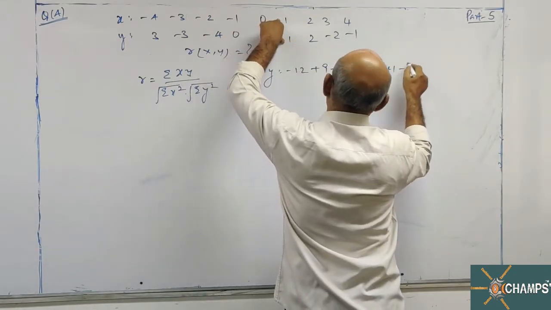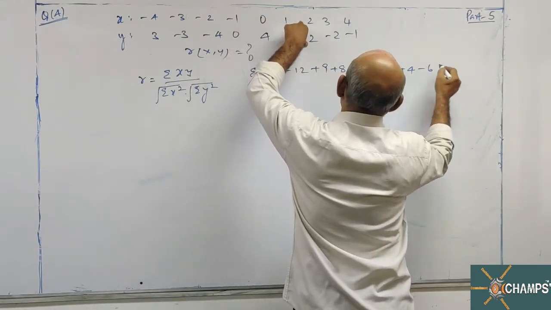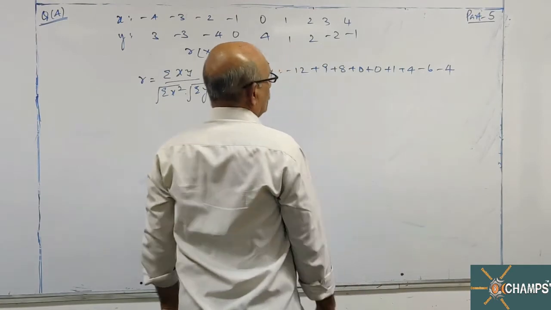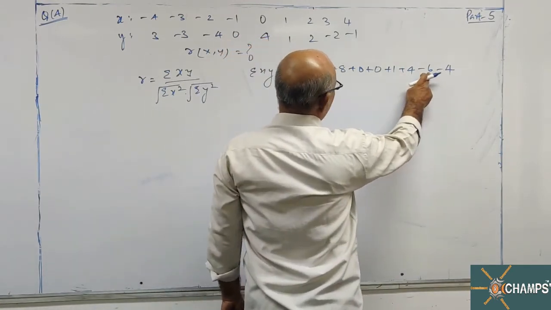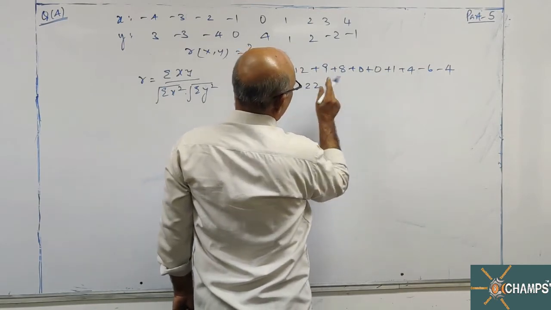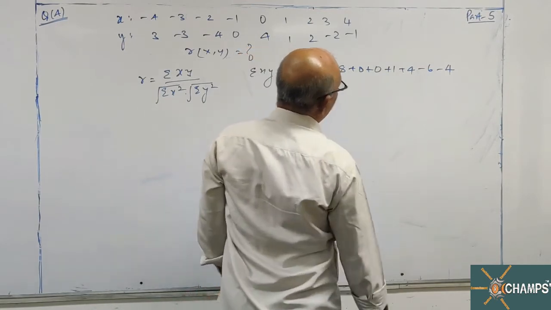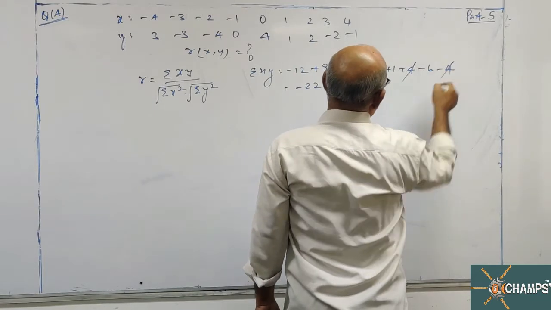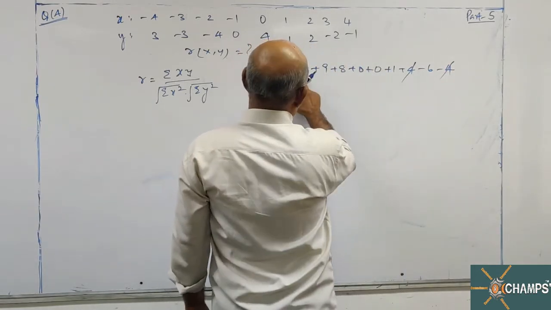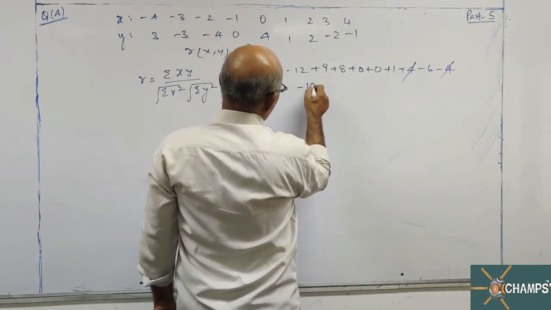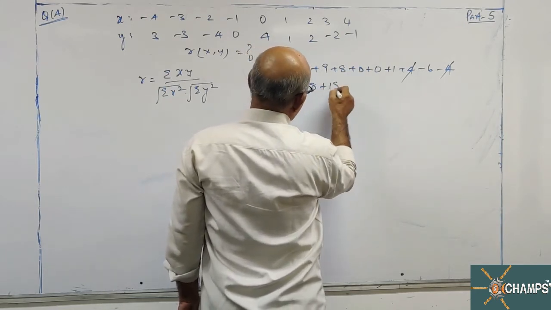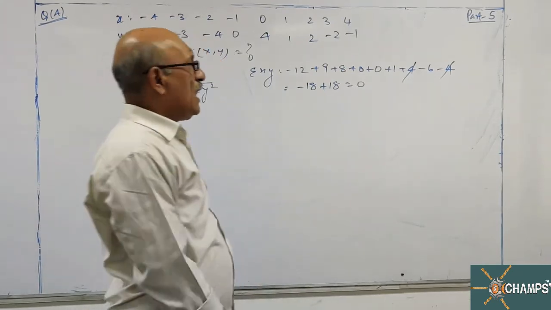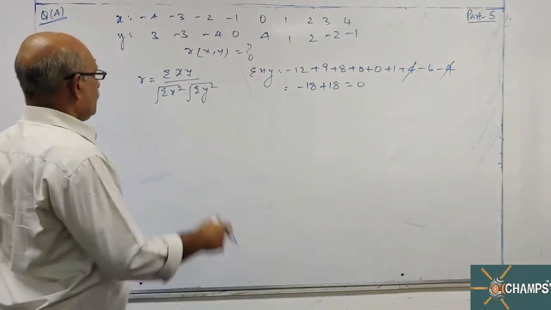This is 1, this is 4, -6, -1. So -12, -6 is -18, plus 9 plus 8 is 17, plus 1 is 18. Wait, the -4 and 4 cancel. Summation of xy is 0.